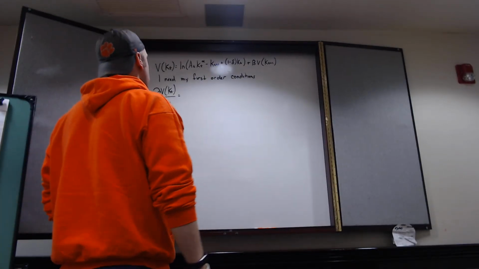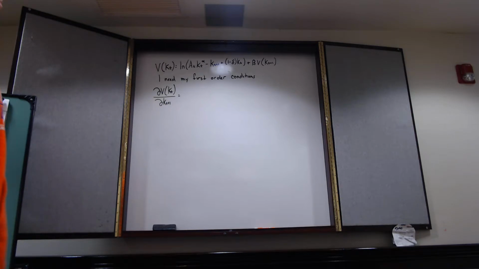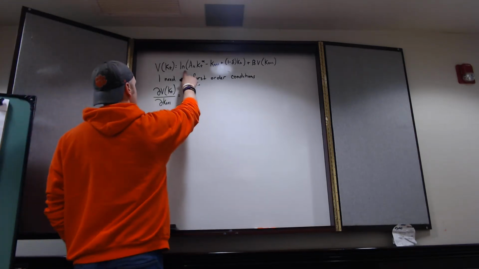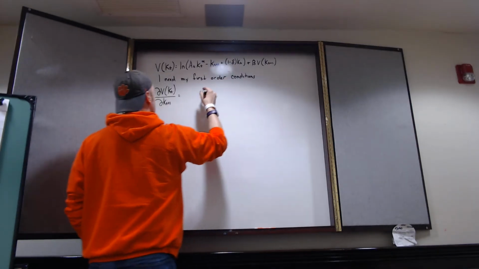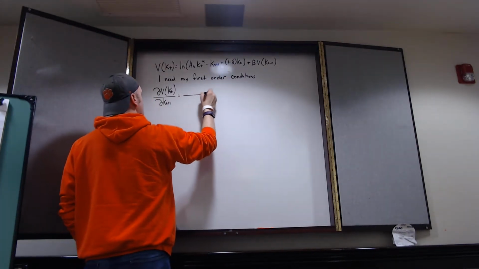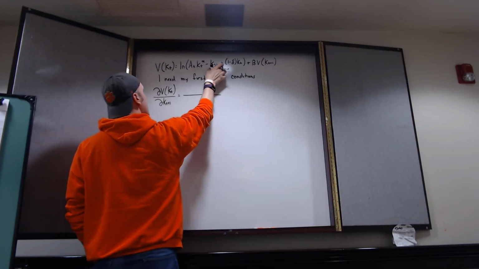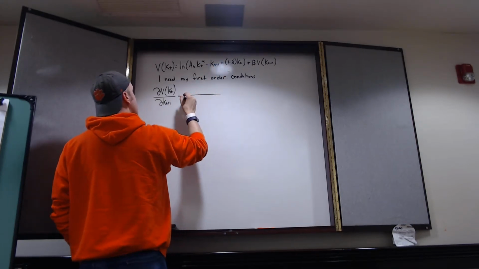All right, well, we remember our chain rule. The partial derivative of this guy here with respect to kt plus 1 is 1 over this jump, because we got the natural log of stuff.